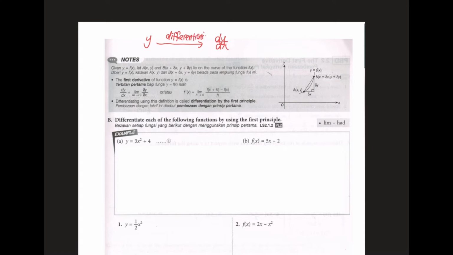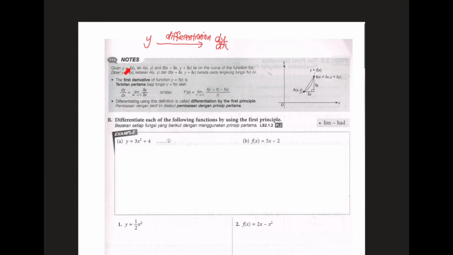Now they start with something known as differentiation by the first principle, which is the basic way to do differentiation. Let's see how. Let's look at the note first.